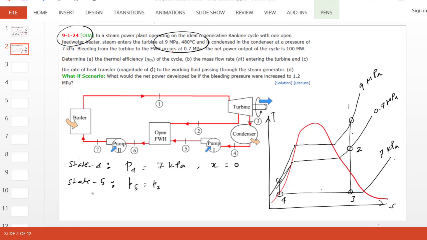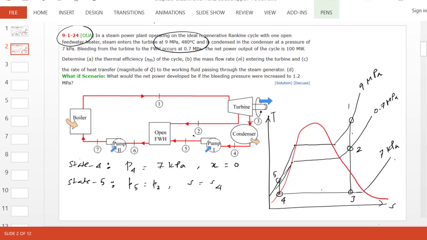Okay, so we know the pressure at state 5. What else do we know? The pump is isentropic. So therefore S5 must be equal to S4. So state 5 therefore can be determined. And finally, how do you find out state 6?